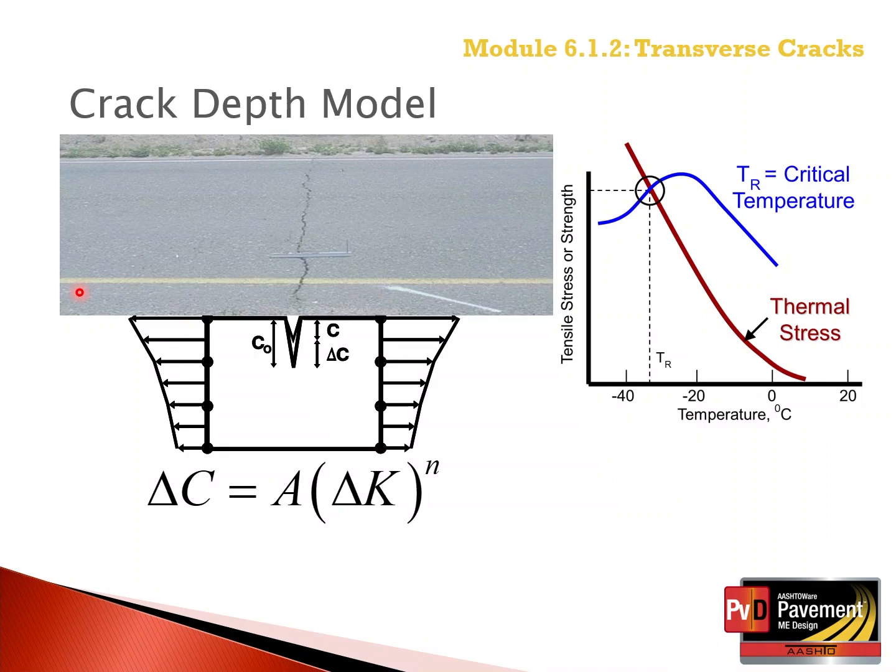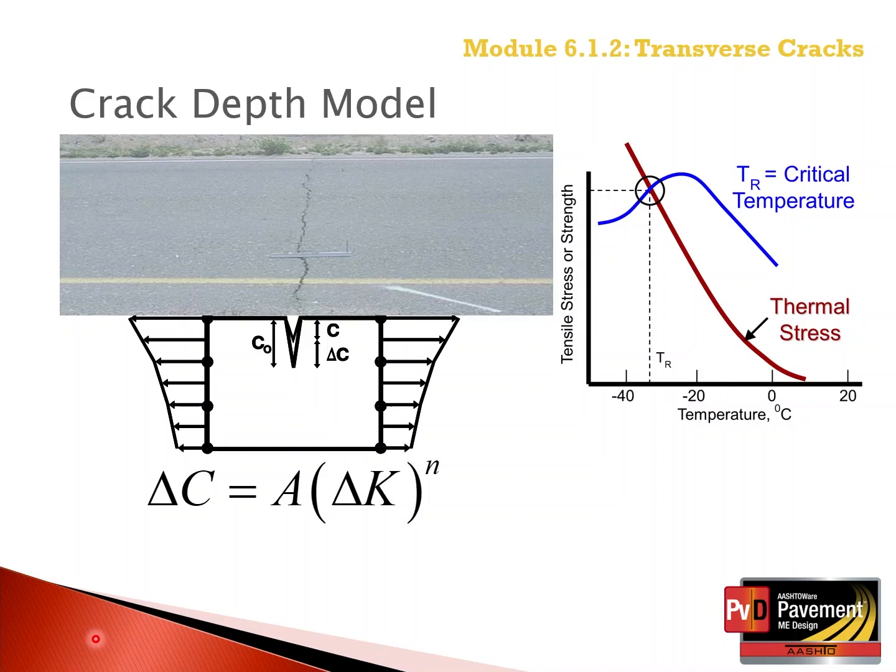The transverse crack depth is calculated using fracture mechanics, using the Paris law. The tensile stress intensity factors were calculated from a finite element response program for many different pavement structures, climates, and asphalt mixture conditions.